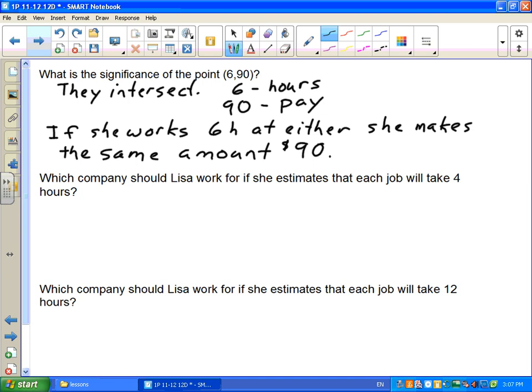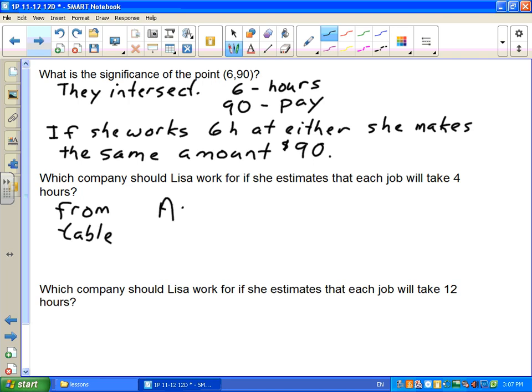The second question here, which company should Lisa work for if she estimates that each of these jobs will take her 4 hours? Well, we can look at how much she'll get paid for each of these jobs if the jobs last 4 hours. And we can just look at this from the table.